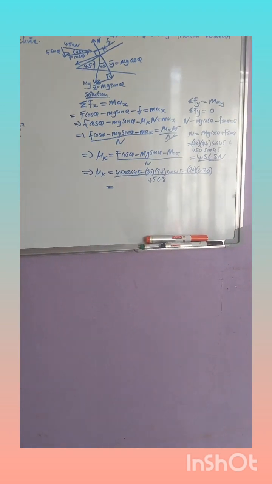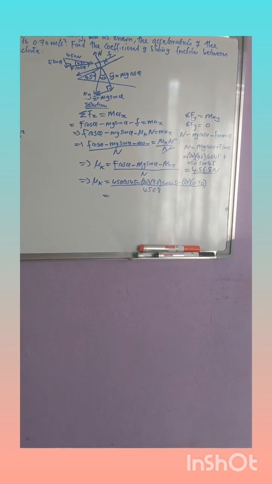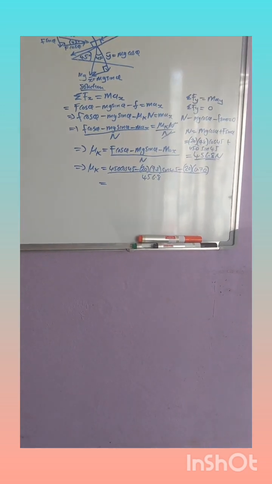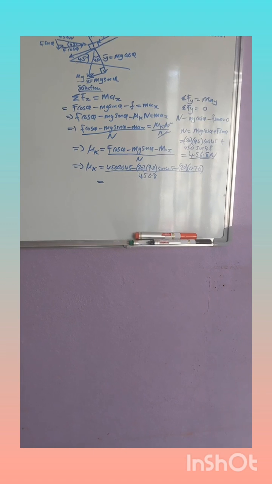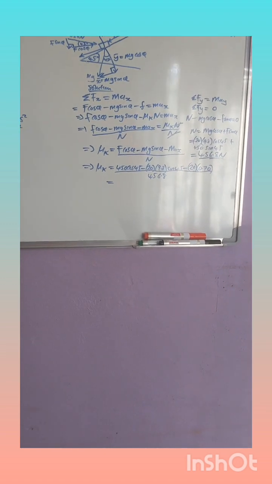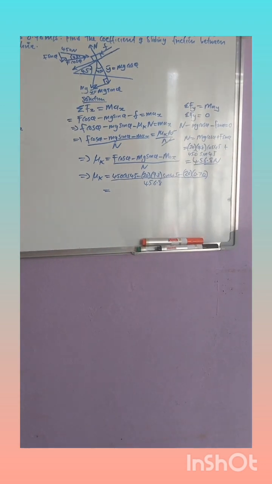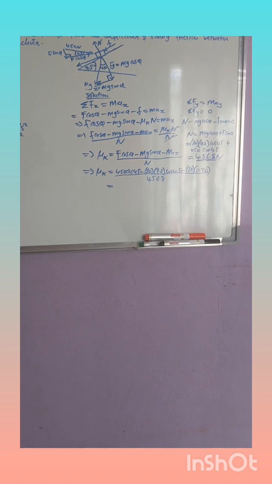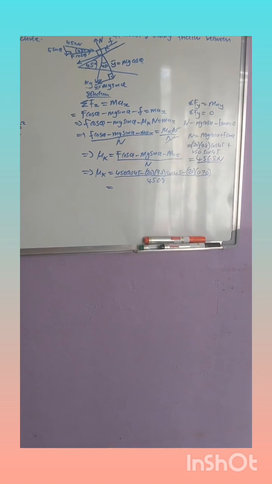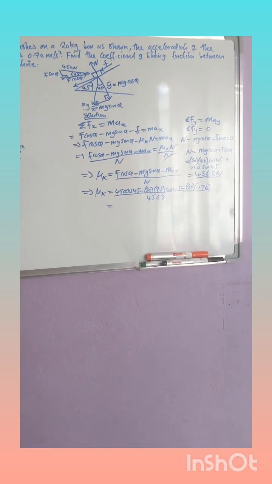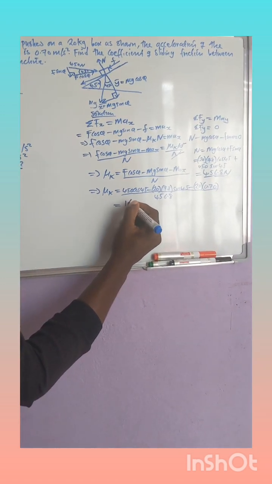This is equal to 450 cos 45, minus 20 multiplied by 9.8 sine 45, minus 20 multiplied by 0.70. This will be equal to 165.6.